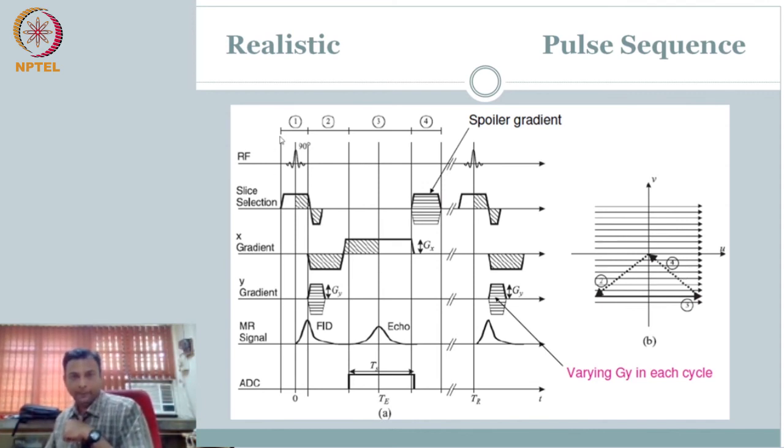So for example here, one is Z selection. Two, I am applying the Y gradient, so I am moving in the Y direction. And then three, I am applying the x direction also, right? In three, I am doing the read out x gradient. So one is z gradient, two I have moved in gy.